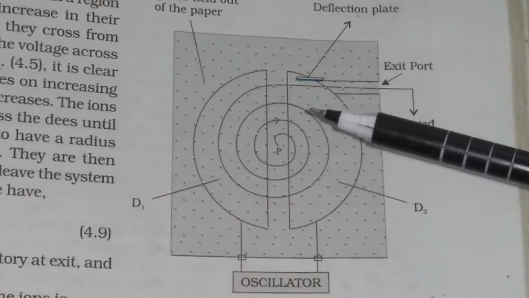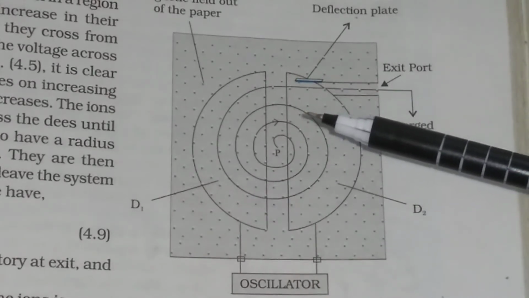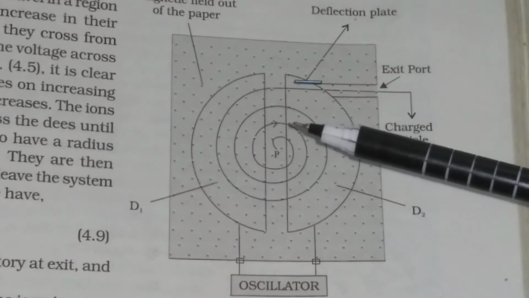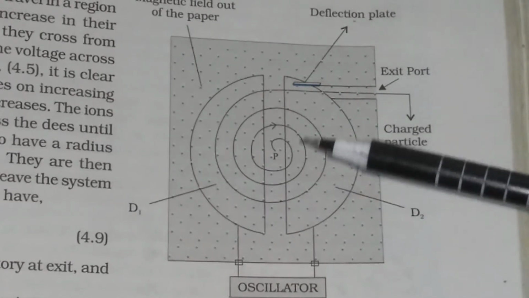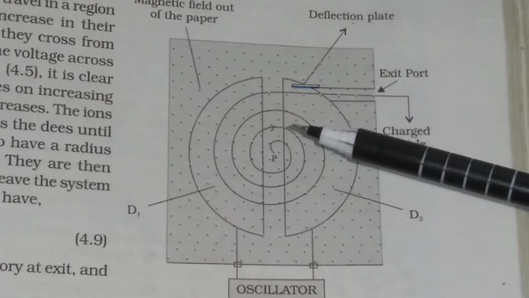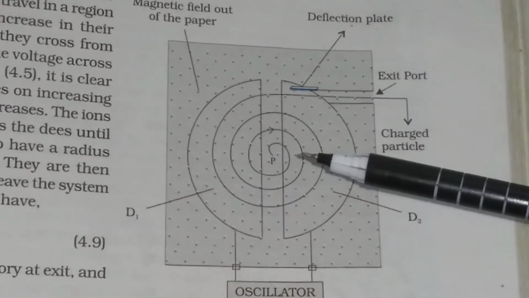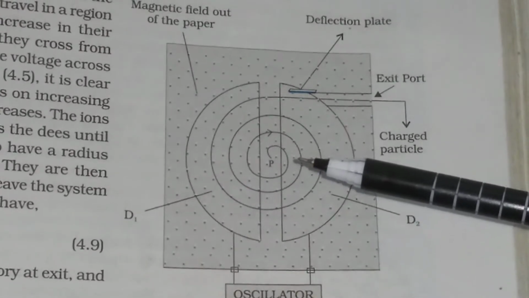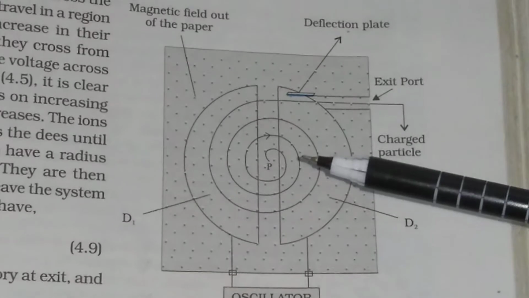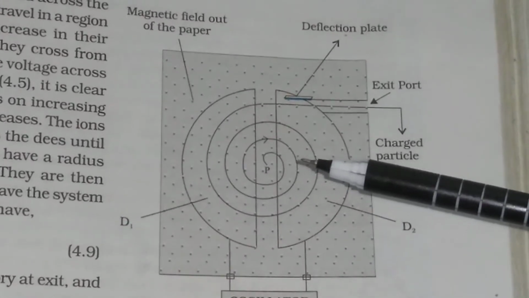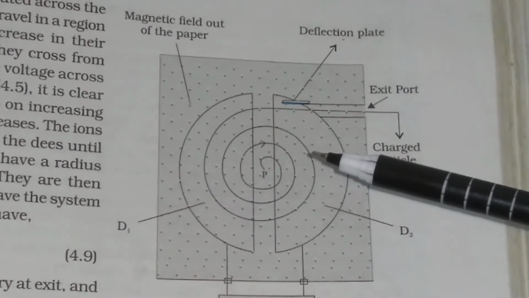We know that when the velocity of a charged particle is perpendicular to the direction of the magnetic field, the motion becomes circular and also helical. We have discussed it in the previous video.